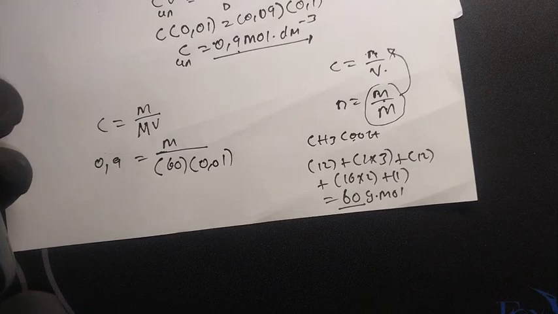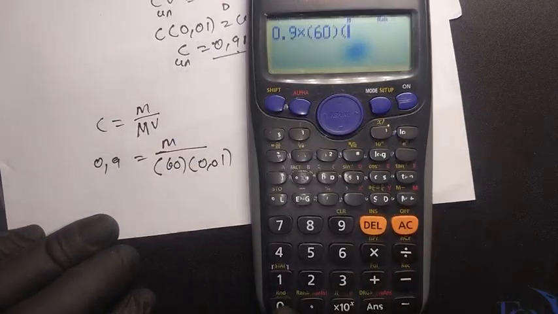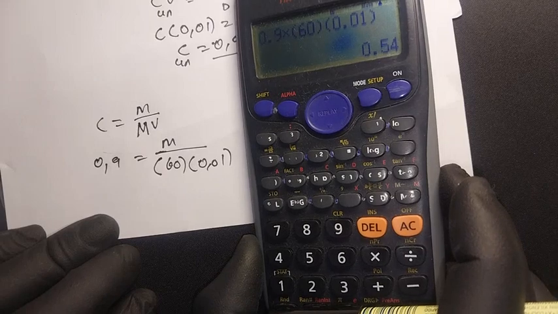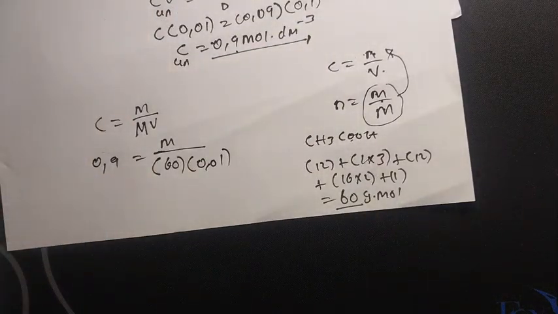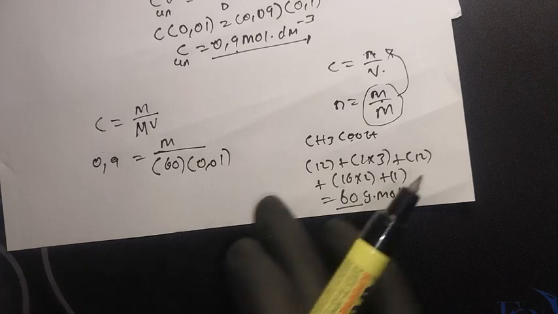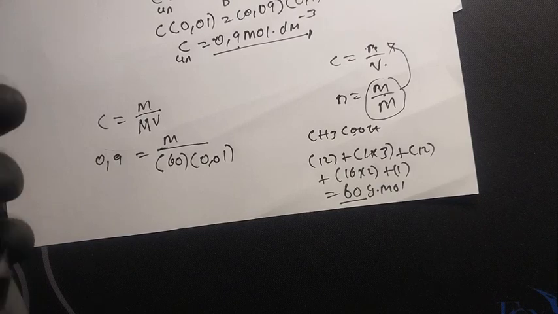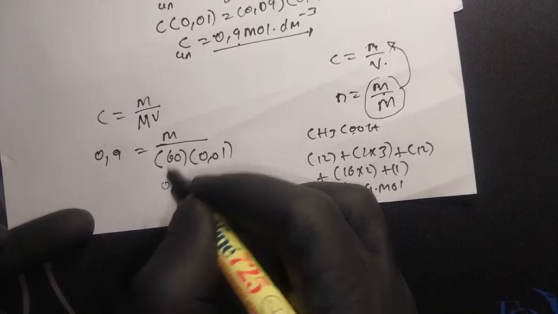It's going to be 0.9 times 60 times 0.01. You're going to get a mass of 0.54.